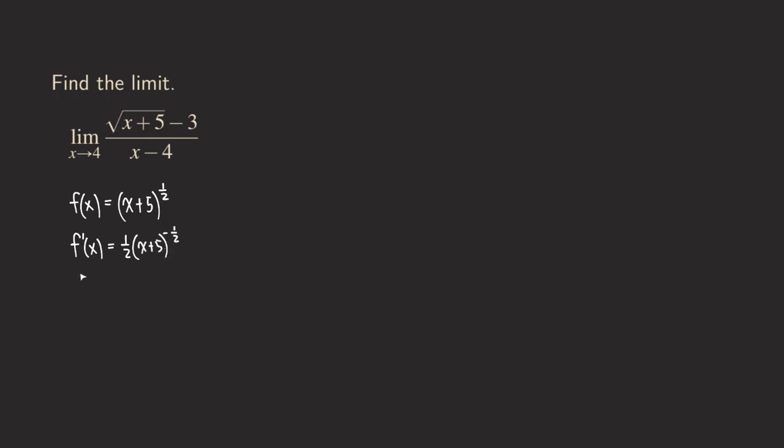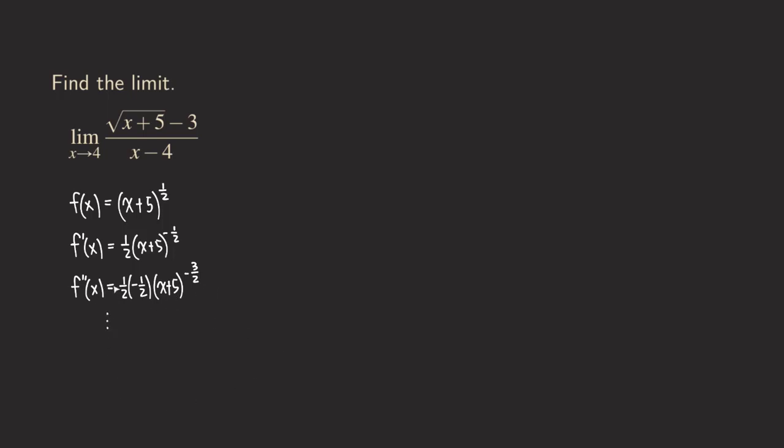That is f prime, and then for f double prime we are going to have 1/2 and then bring down this negative 1/2 here. So we get negative 1/4, and then we have x plus 5 raised to the negative 3/2. Okay, so that is f double prime, and then we can actually just continue.